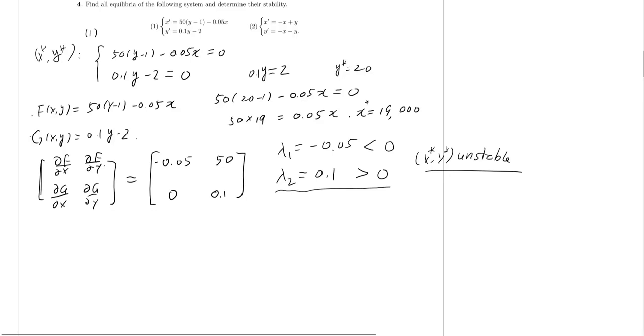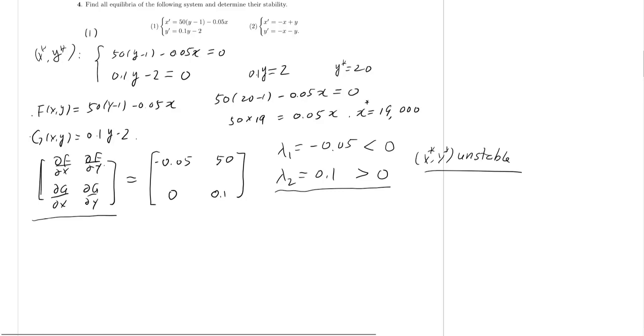First, we find the equilibrium by setting two equations to 0. And then we evaluate the Jacobian matrix. And then we find eigenvalues. In general, eigenvalues can be found by solving linear systems, but here we solved this one by simple observation.